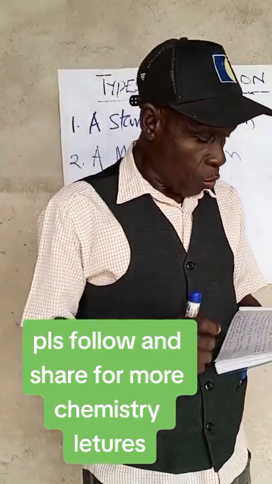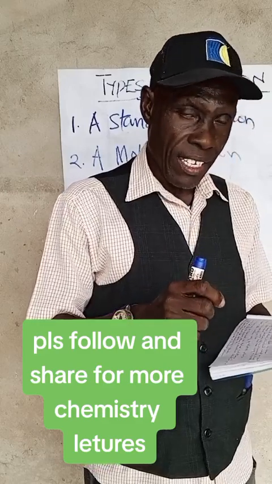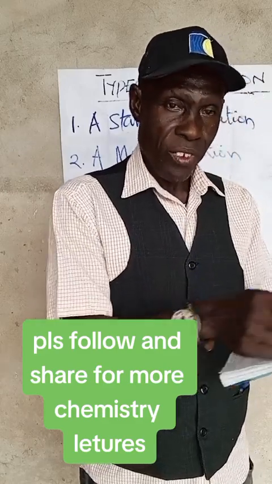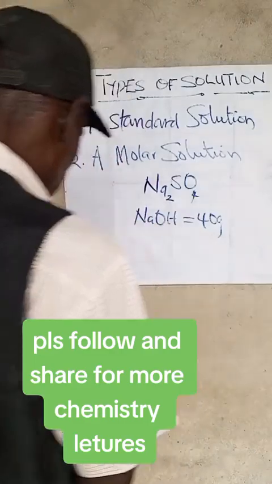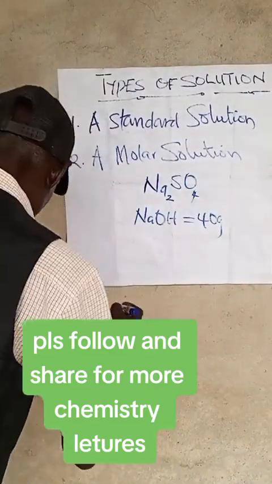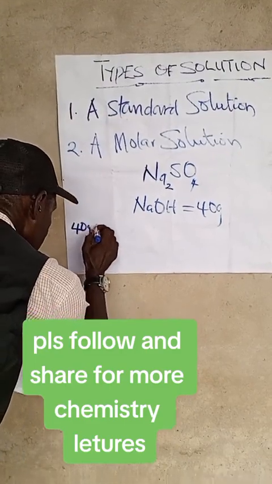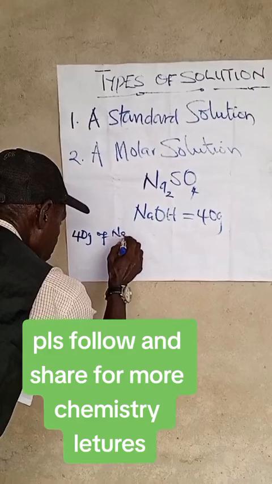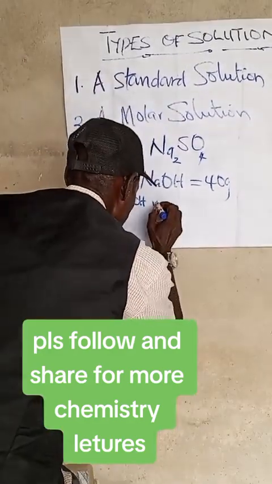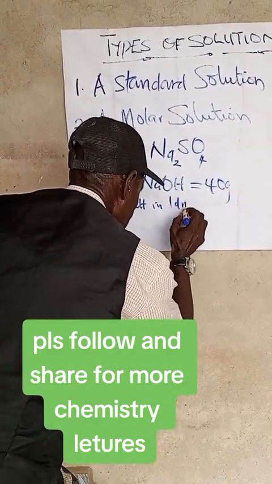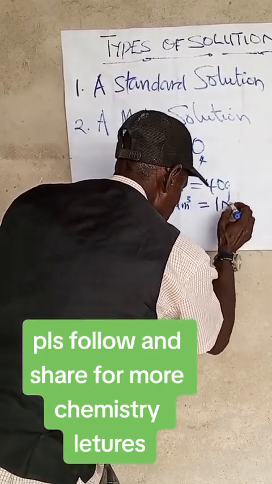Now, we can also present a molar solution mathematically. 40 grams of sodium hydroxide in 1 dm cube of water is equal to 1 molar solution.